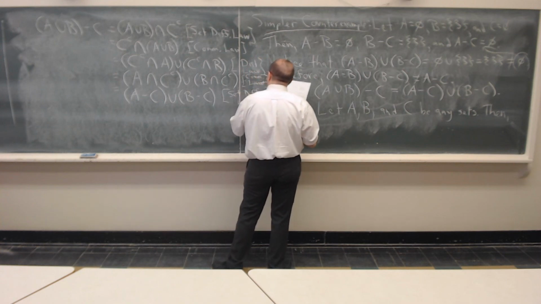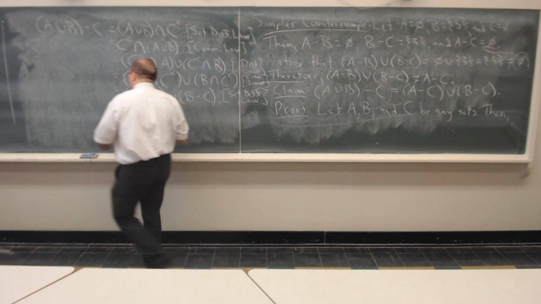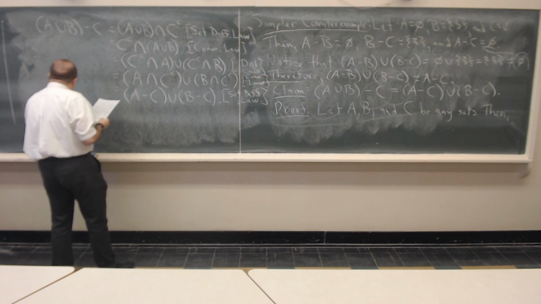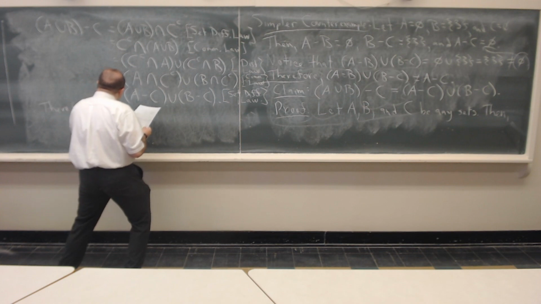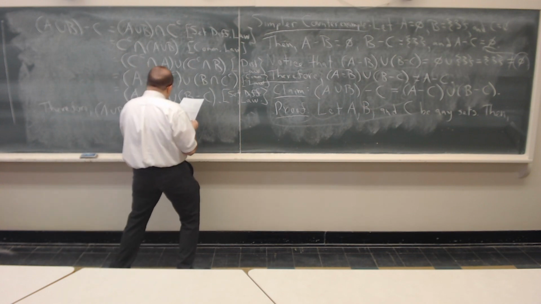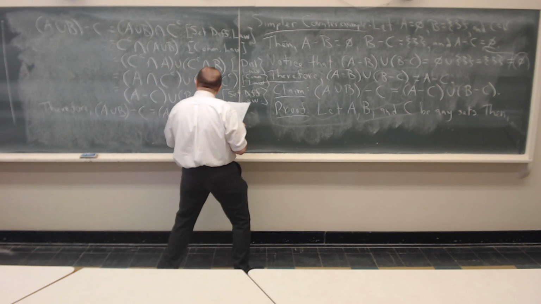I'm just using it again. So the set difference law is equal to A minus C union B minus C.